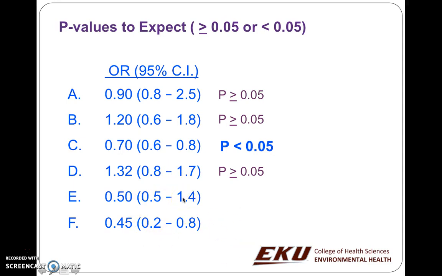Again, not statistically significant, so p will be greater than or equal to 0.05. Letter F. 1 is not included in there. Guess what? It's statistically significant, so p is going to be less than 0.05.